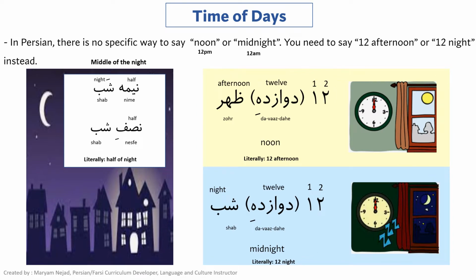A very common question that I get asked by my students is what are noon and midnight in Farsi? You need to know that in Farsi there are no words like in English for noon and midnight. You just have to say something like 12 afternoon or 12 night. For example, noon: 12 is davazdah, and then afternoon is zohr.